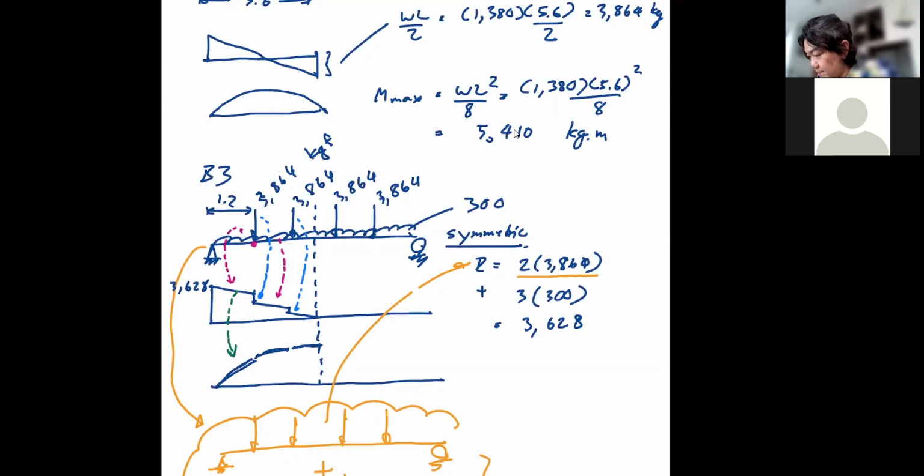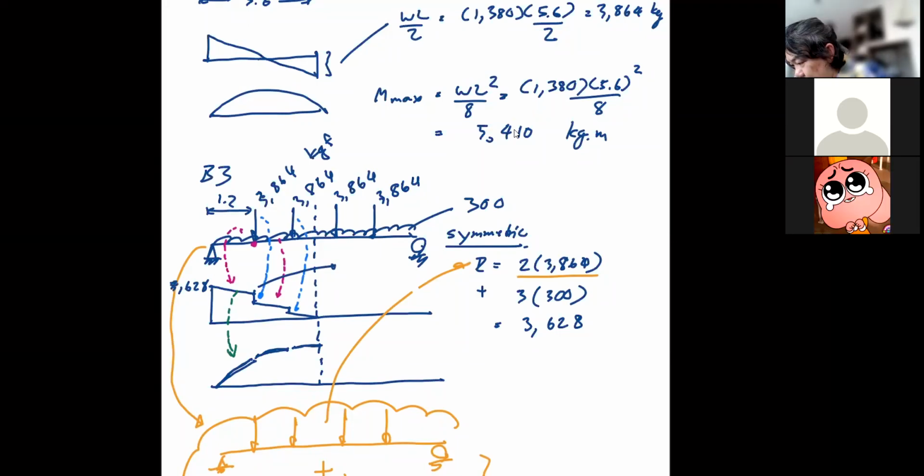I'm sorry, the reaction is 8628. Yeah, 8628. Right. I'm sorry. It's just my mind doesn't work properly. I saw 8, but I said 3. Okay. It's inexplicable, really. So don't let that happen to you in the exam.